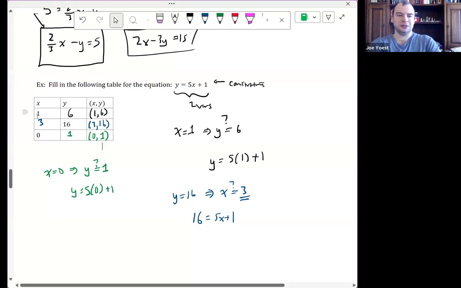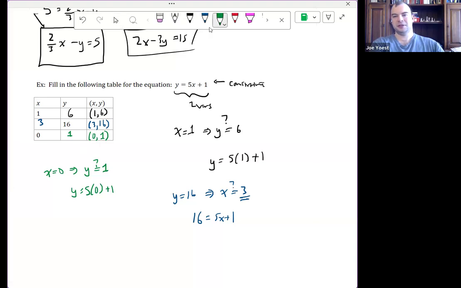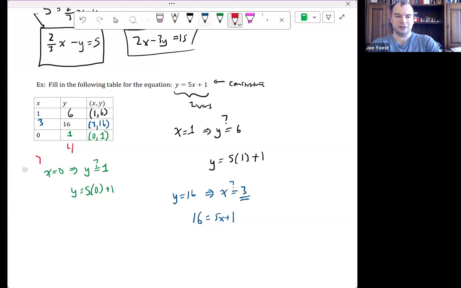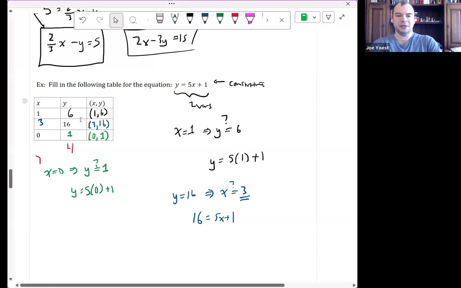And there's nothing super special about x equals 1 or y equals 16 or x equals 0. If you wanted, you could ask this question about y equals 4 or x equals 7, or we could continue fleshing out this table of values if it served us well to do that.